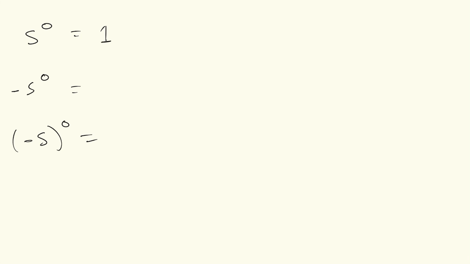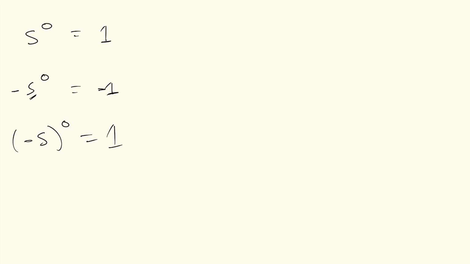Negative 5 to the power of 0 is equal to negative 1, because once again, that 0 only applies to the 5, and then that makes that 1, and then you still have the negative in front. And then the bottom one of negative 5 to the 0, the rule of anything to the power of 0 is 1 still applies, and so that makes that 1.